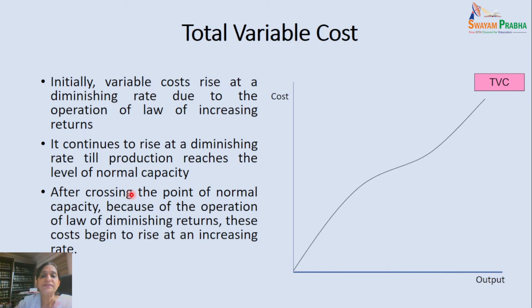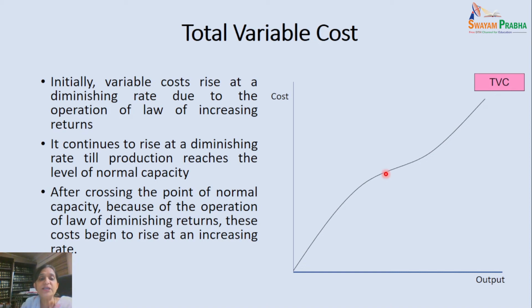So output is rising more, and cost compared to the output is rising at a slower rate. So cost is rising but less than the change in output. Therefore, your total variable cost will start increasing but at a diminishing rate, because the addition on the output axis is more compared to the addition on the y-axis.